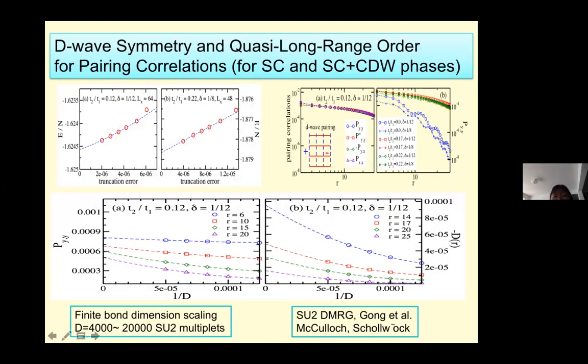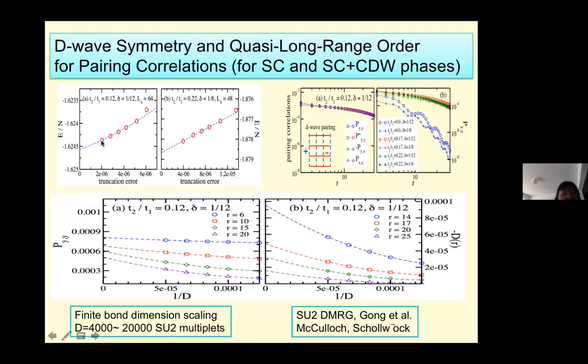Before we look closer into the superconducting phase, I also want to show you the role played by bond dimension, like what is the typical truncation error and what is our energy before we do the scanning to the zero truncation error limit.